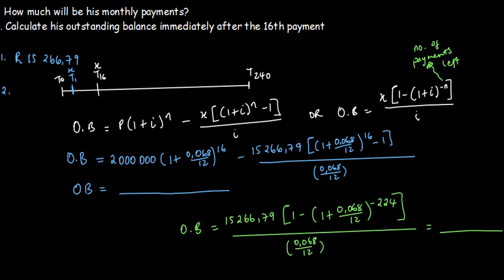The remaining payments will just be 240 minus 16, like we did there, which is 224. All right. Yes, Andile. 1,934,317.89.